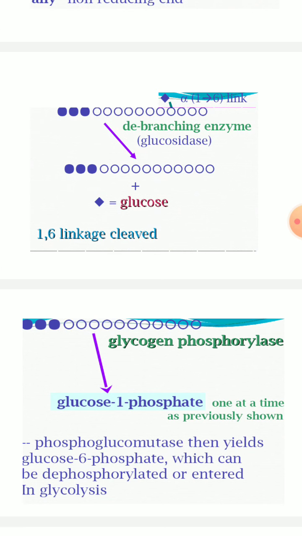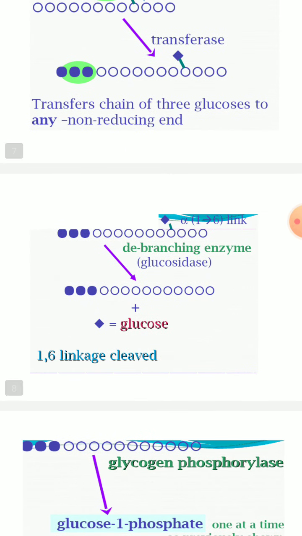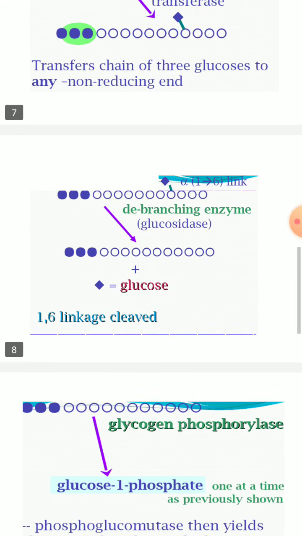Now you have seen the free glucose molecule and the transfer of 3 to 4 glucose residues to the non-reducing end.